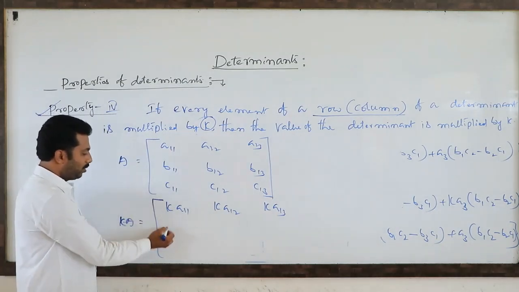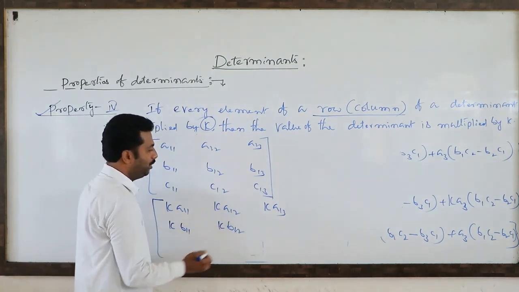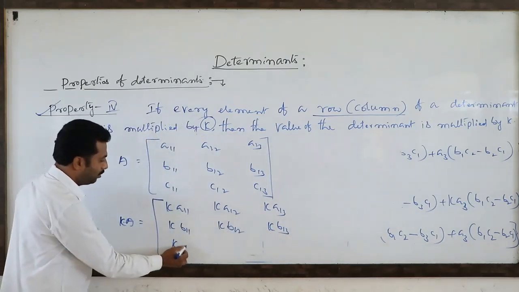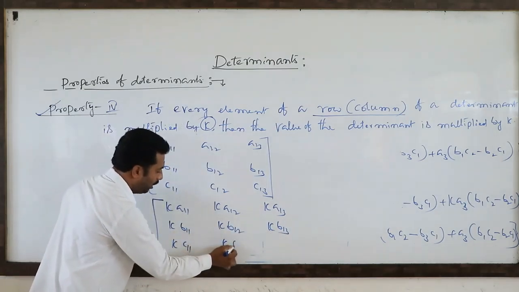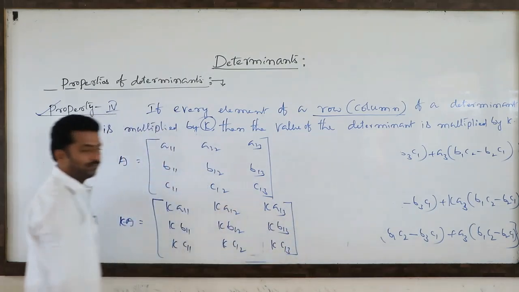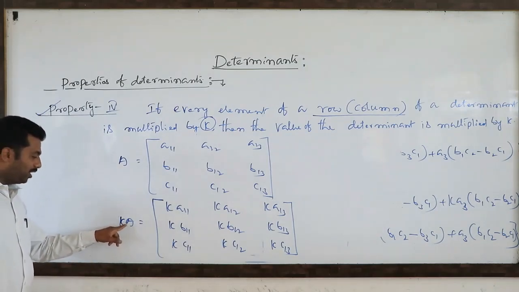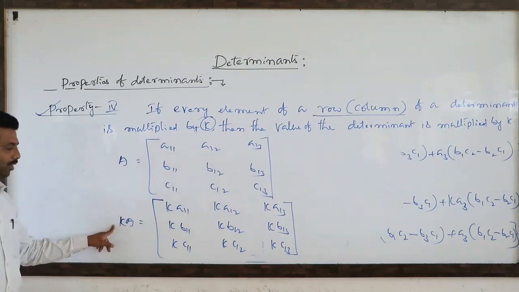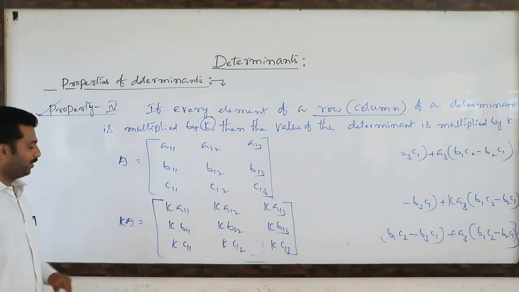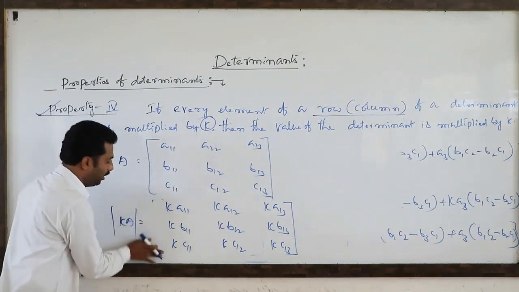Next, second row, K into B11, K into B12, K into B13, then K into C11, K into C12, K into C13. See, KA we have written. KA means multiplication of a matrix by a scalar, means each and every element of A we have to multiply with K. Suppose determinant of KA if I take, what symbol do I have to write here?